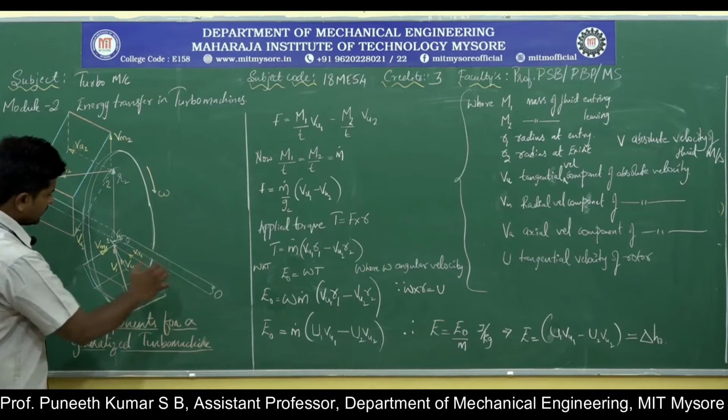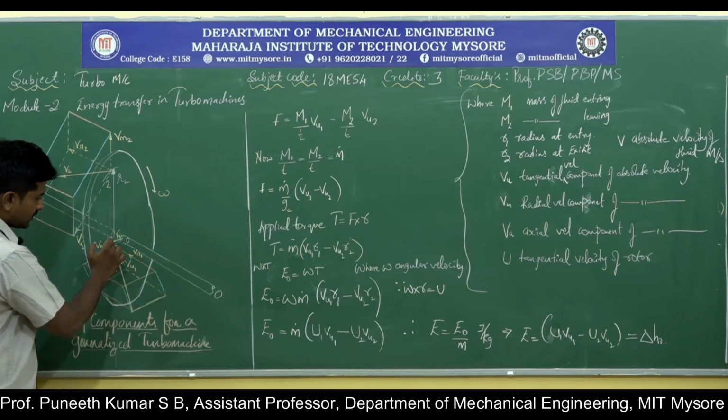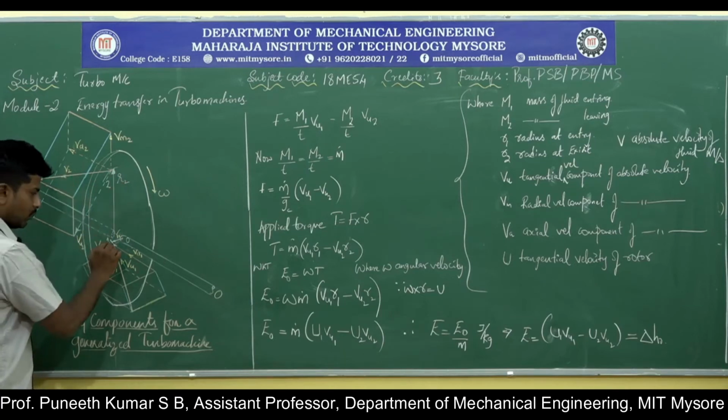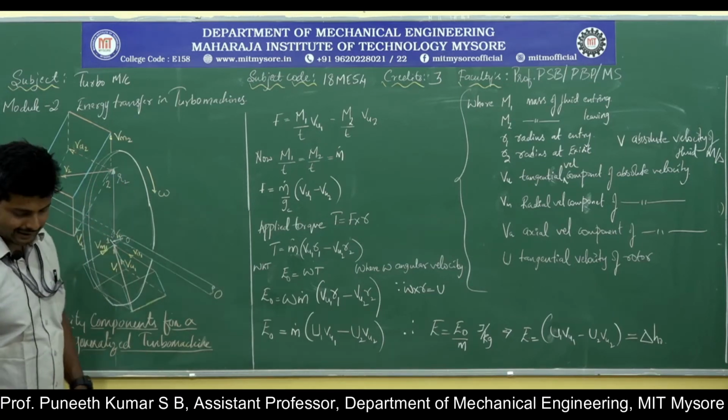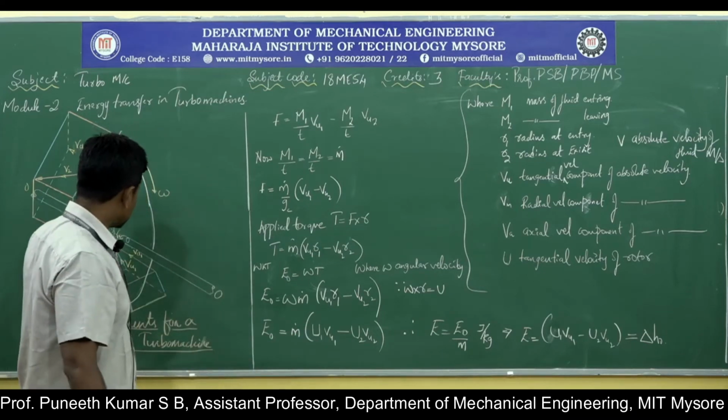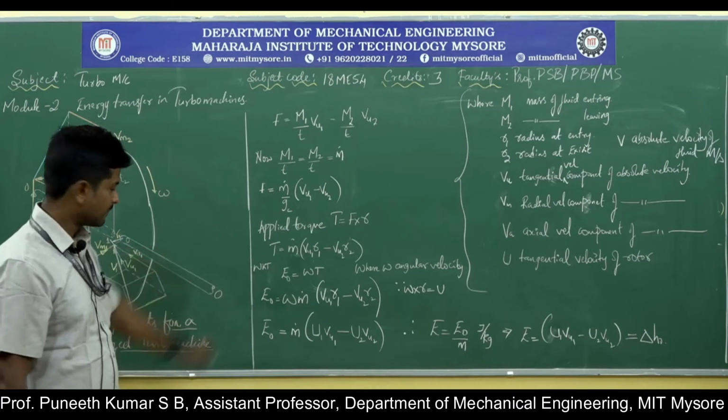Now we have marked two points, point number 1 and point number 2. Point 1 represents the inlet of the turbo machine, whereas 2 represents the exit of the turbo machine.